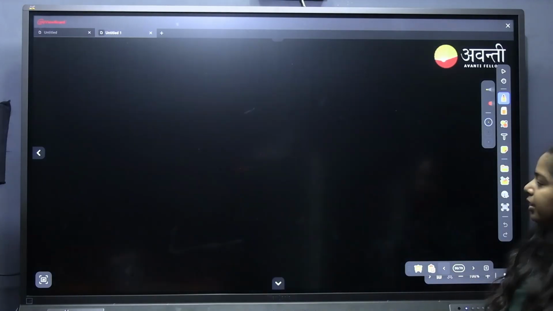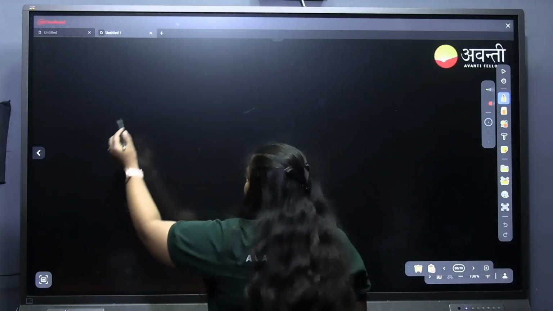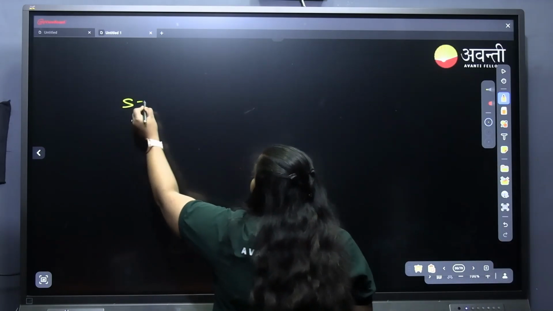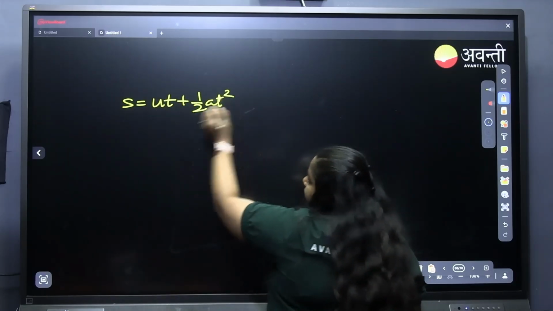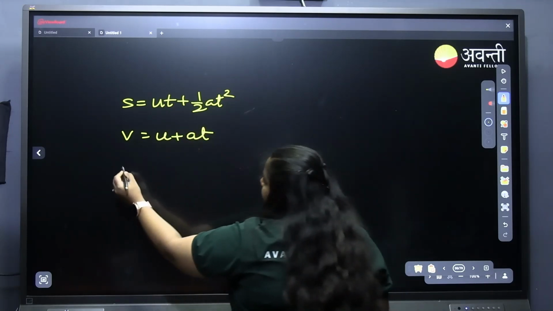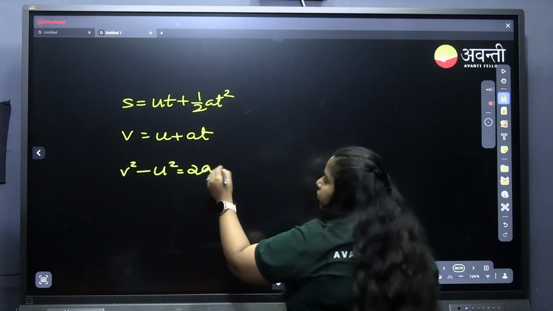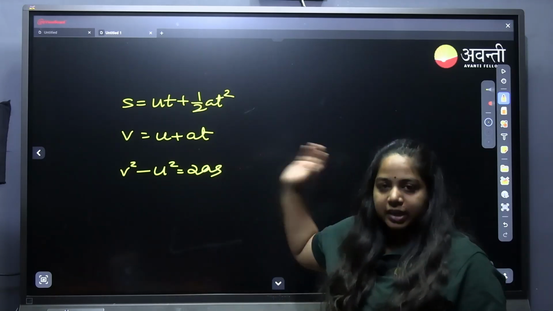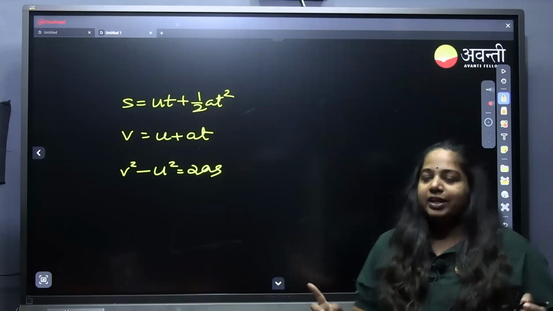Okay, now before going into circular motion much, our equations of motion are s equal to ut plus half at square, v is equal to u plus at, and v square minus u square equal to 2as. Rotation, circular motion have all these equations but with their analog.